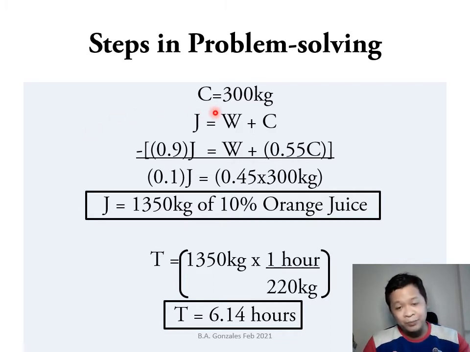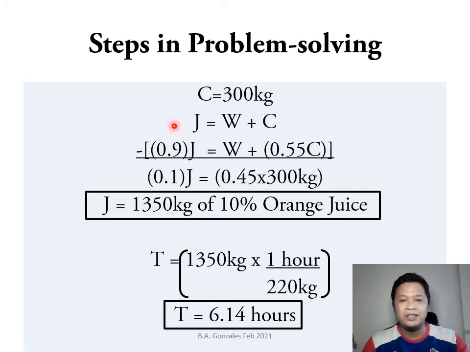So here's the overall mass balance equation, and then we have here the equation for the water balance. And notice that this is an example of you have your two equations and you're using it to solve your unknowns.